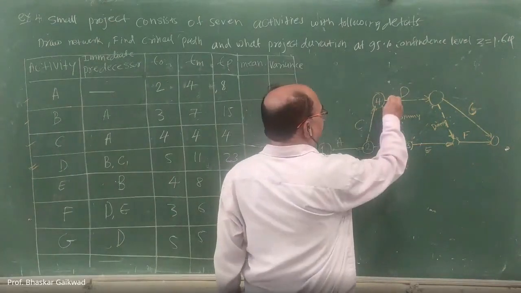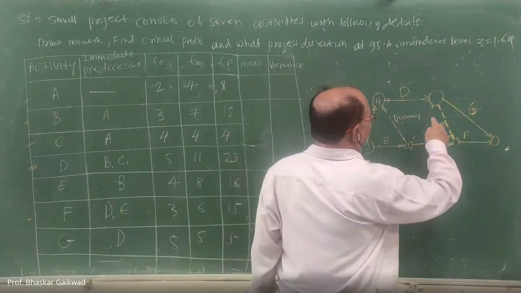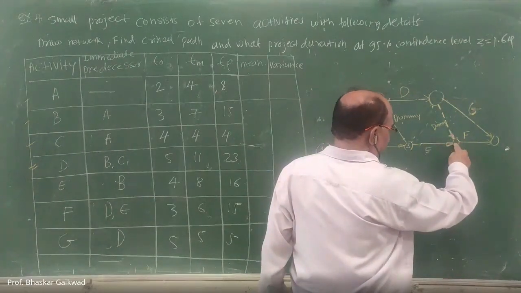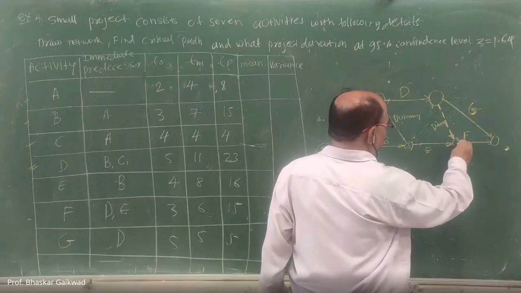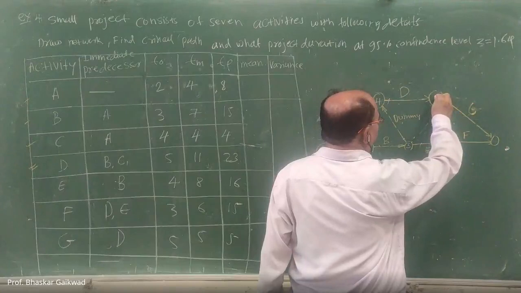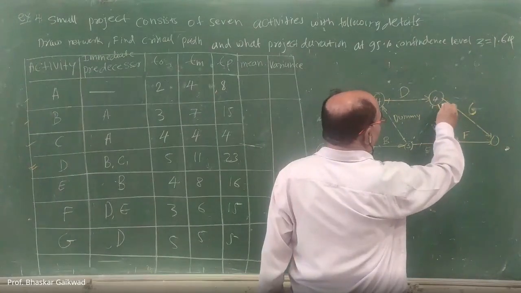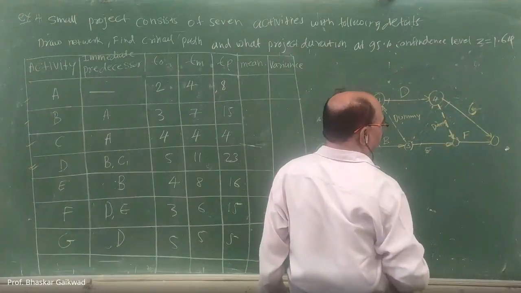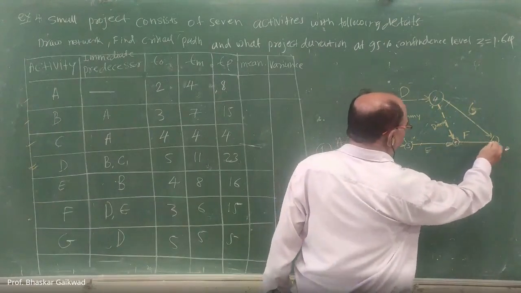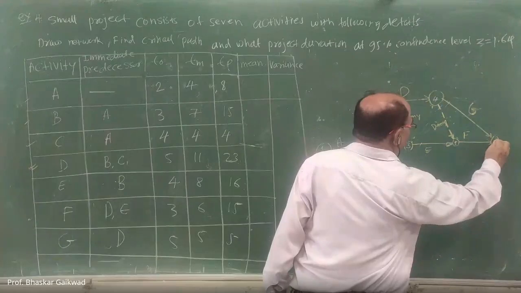After giving this 4, you neglect this. Then you have to consider this and this. In this case, this is incoming and this is outgoing, so don't consider this. You have to consider this one. So here it is a 4. After 4, this and this will get cancelled. Here is only one outgoing activity. So 5 and 6.